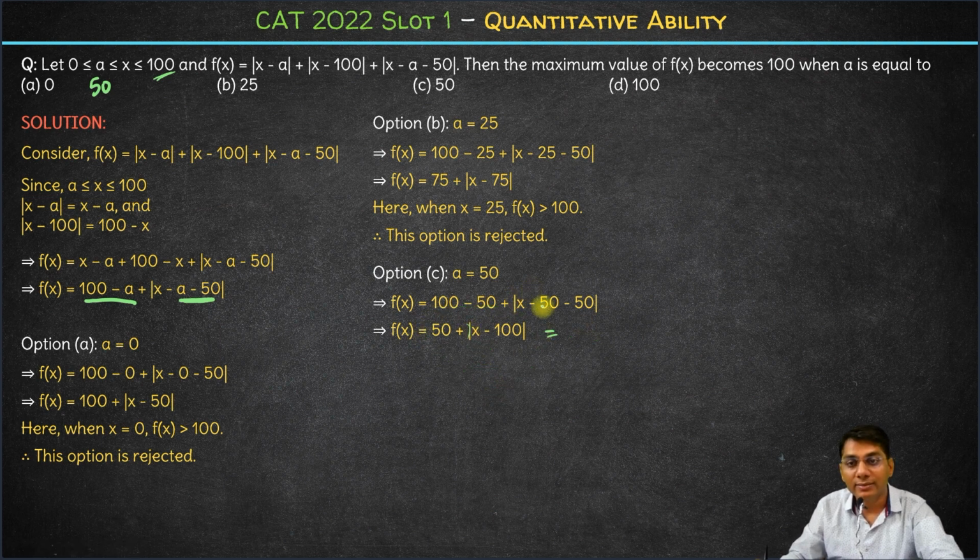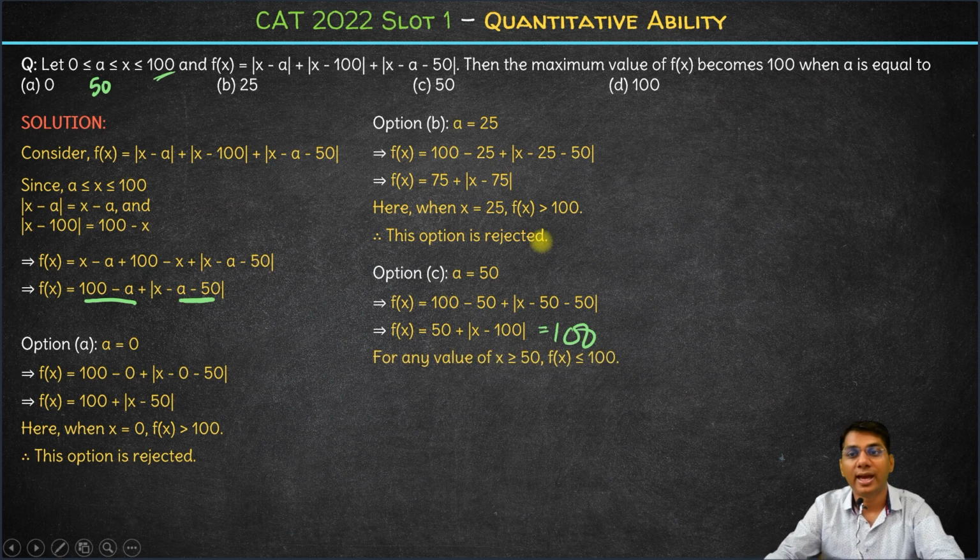Hence, the maximum value of f(x) was when x was equal to a, which is 50, and that maximum value was 100. Hence, in this case, f(x) is always less than or equal to 100. That means the maximum value of f(x) is 100, and this is the case that we require. For a equals 50, the maximum value of f(x) is 100. Hence, option C is the right answer.